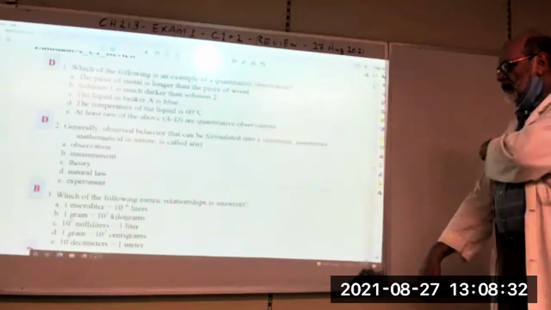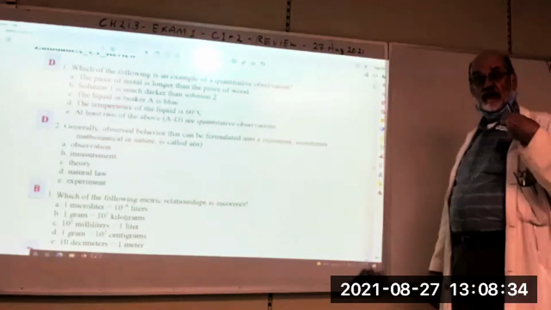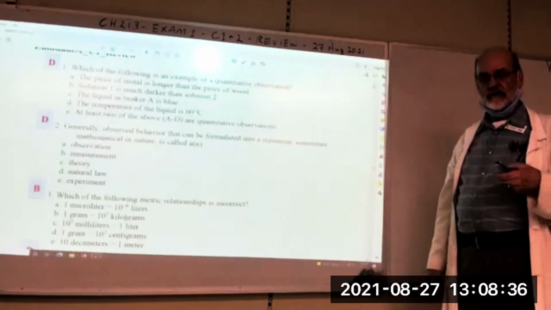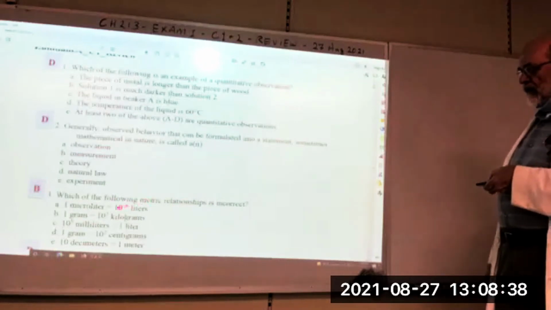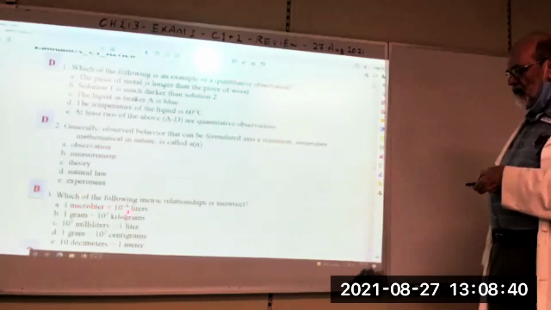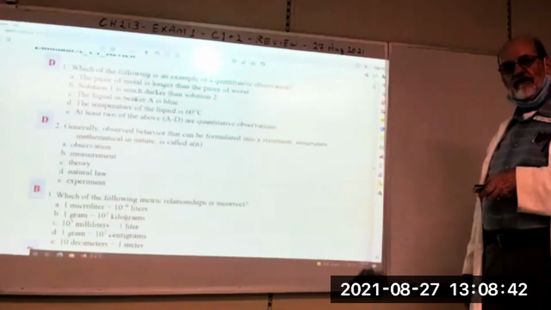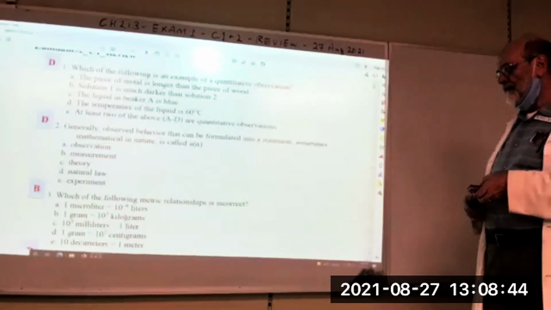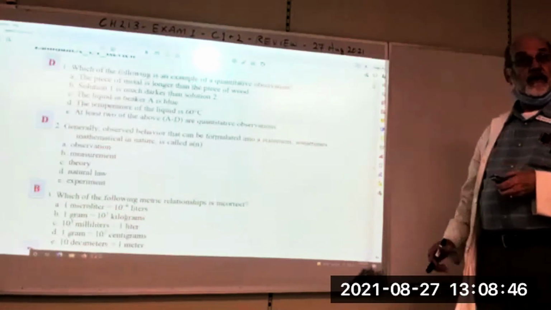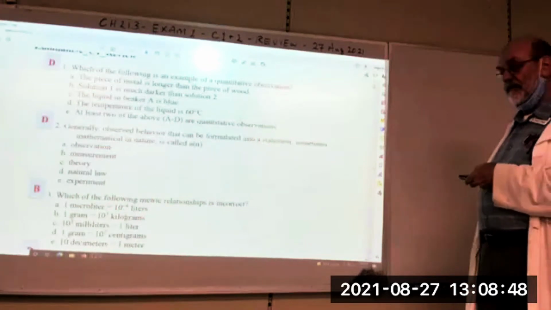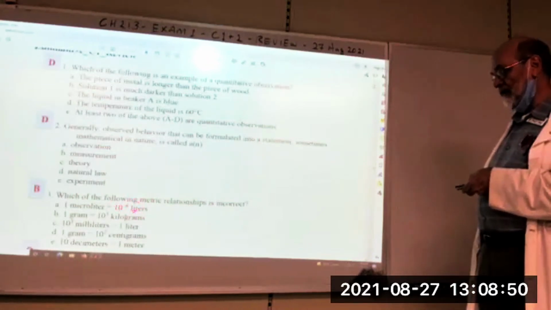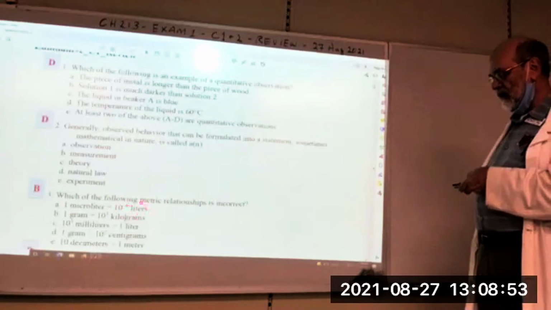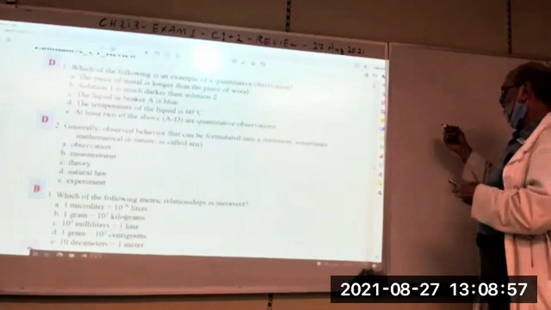Which of the following metric relationships is incorrect? So here you need to understand and remember prefixes. If you've got a microliter and a liter, what's the relationship between them? Well, micro is 10 to the minus 6th. So that one's correct. Here's the base unit right here, and you can think of it in these terms.